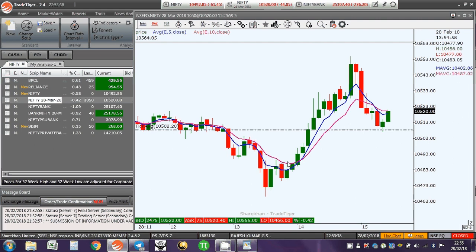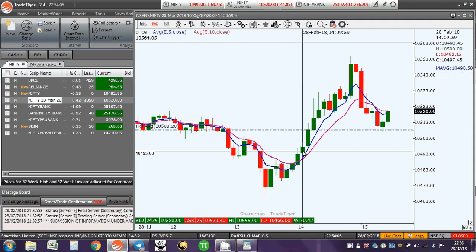So here you can see 5 moving average crossing over 10 moving average. So this is the place where we have to get into trade. So another thing is, if it is moving here and the next 5-minute candle, you have to get into entry here for a trade. For an example, you are entering here, you can see the time here, 14:10 approximately.